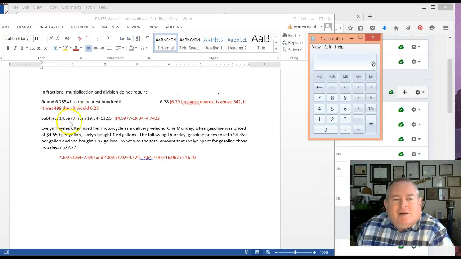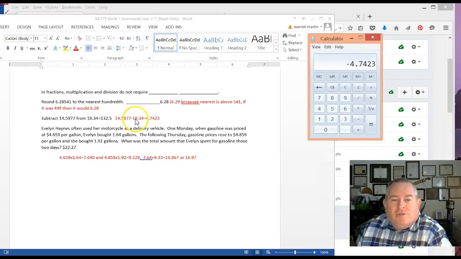The other one is doing the subtraction. I had a couple of different answers on that. If you use your calculator, you type in 14.5977 minus 19.34, hit equal, and it gives you 4.7.